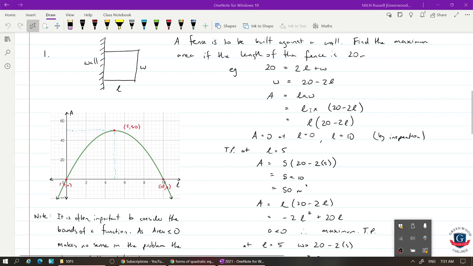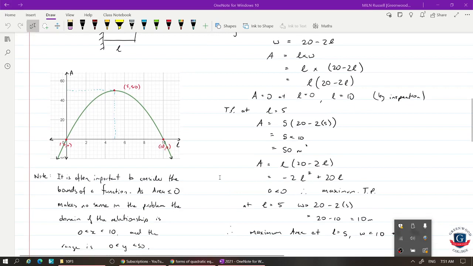Now we can get that just by looking at this equation here. I did it by inspection, though you could have solved that to equal 0 using null factor law. So the turning point is going to be at halfway between these two values. So at L equals 5, 10 plus 0, divided by 2 is 5. And if we substitute 5 into the equation, we find out that the maximum area is going to be 50.